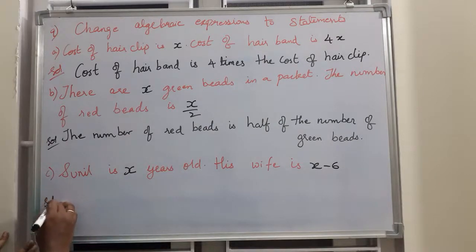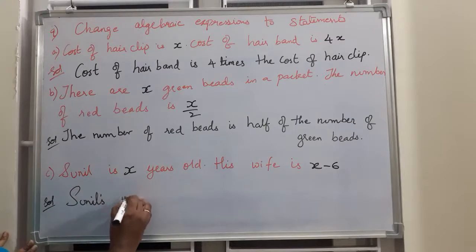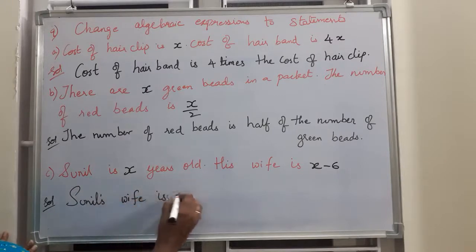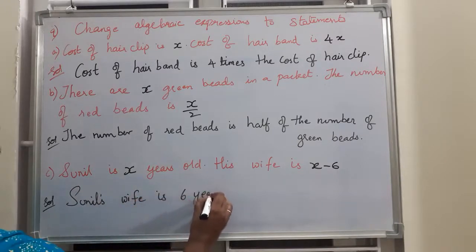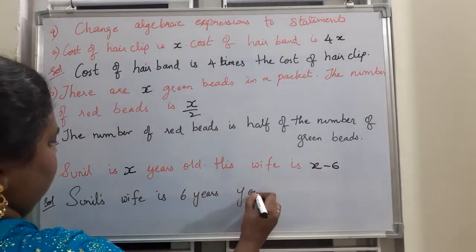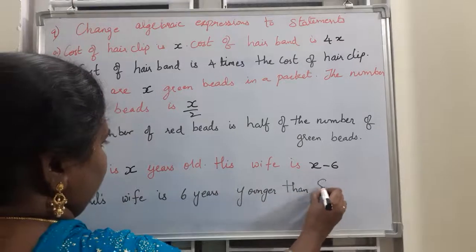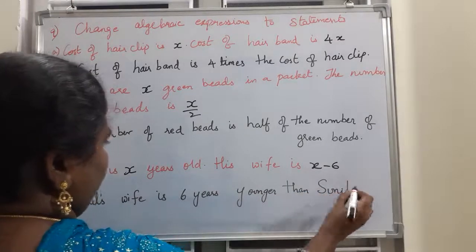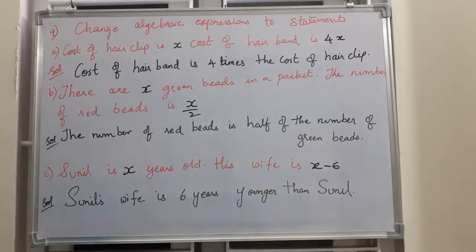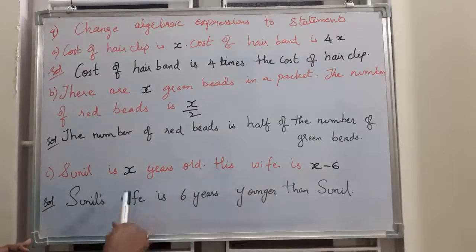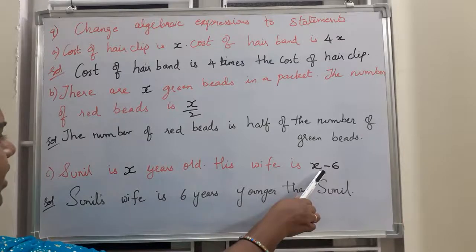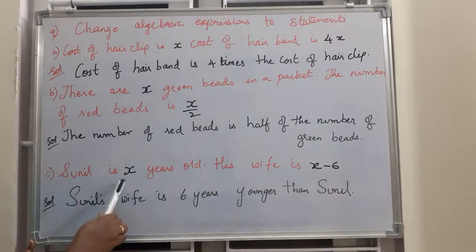So here what you can write is: Sunil's wife is 6 years younger than Sunil. Here I have not used any x, but I have conveyed the message I want to convey regarding these two statements. His wife is x minus 6 means 6 years younger than Sunil.